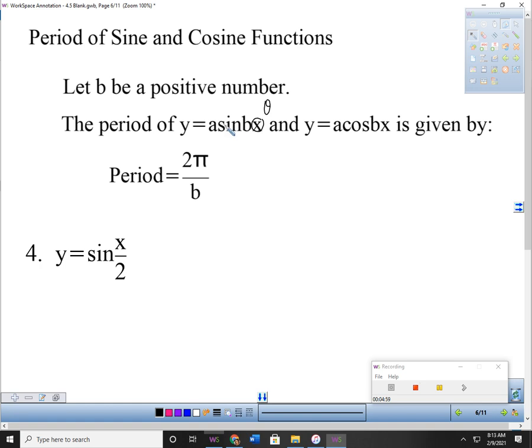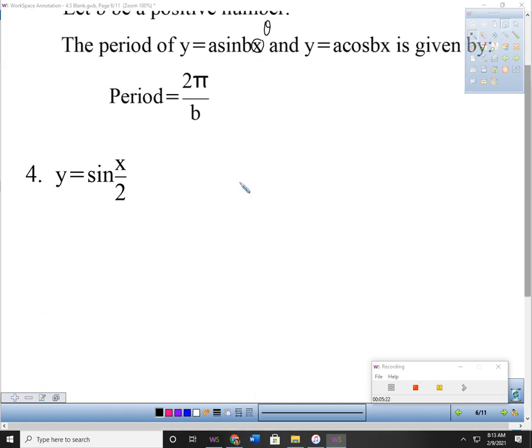Whenever I'm taking the sine of something, like let's say I was taking sine of 2x, that's the number that's being multiplied by x, right? So that represents the b. I'm going to take that whole period, and divide it by whatever I'm multiplying times the x. Now, this one is written kind of funny, so we're going to rewrite it.